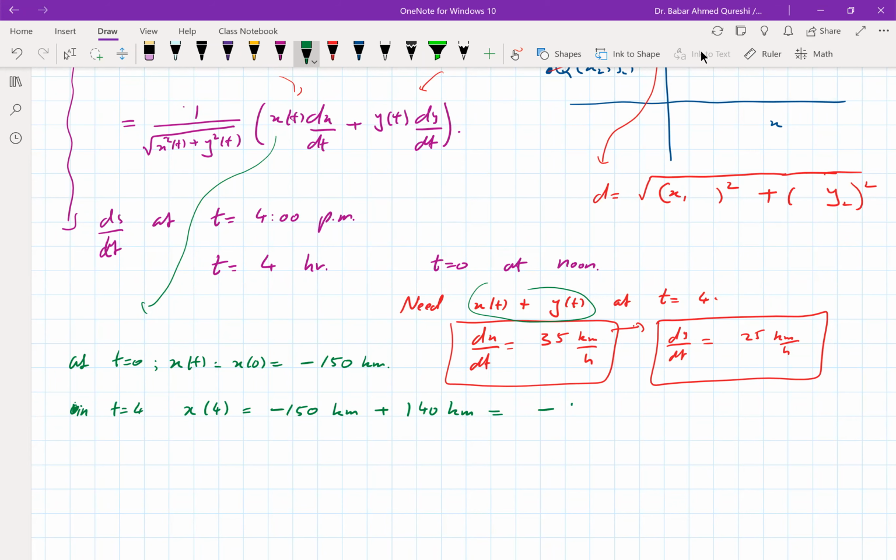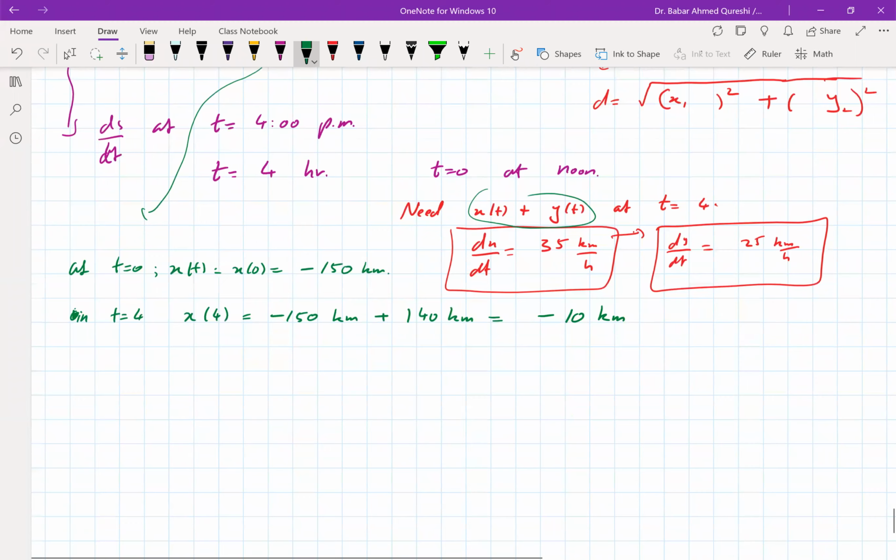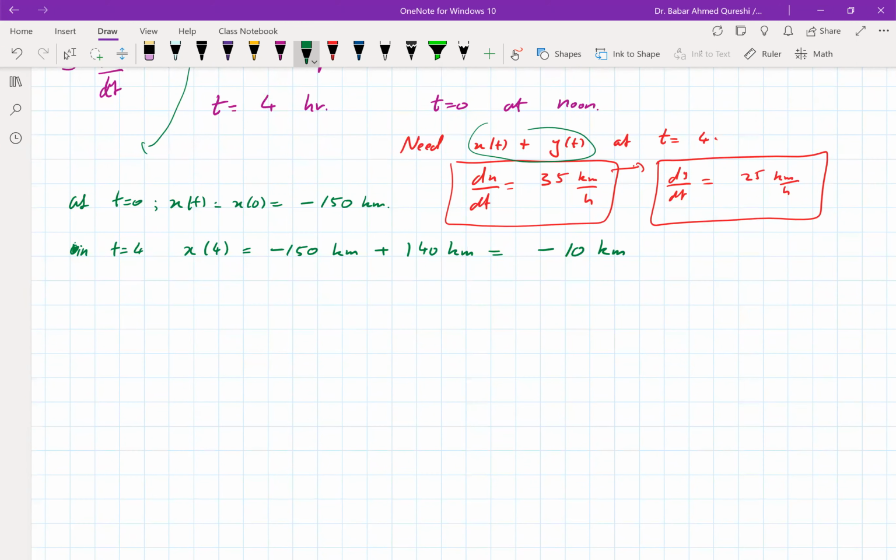So it's minus 10 kilometers. That's its position. And similarly, at t is equal to 0, y of 0, that was taken to be 0. So at t is equal to 4, y of 4 is 25 kilometers in an hour, so 100 kilometers.